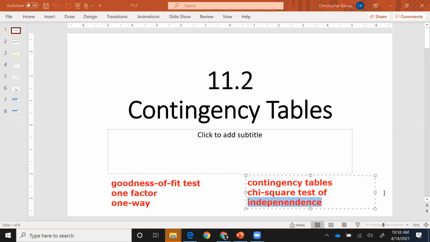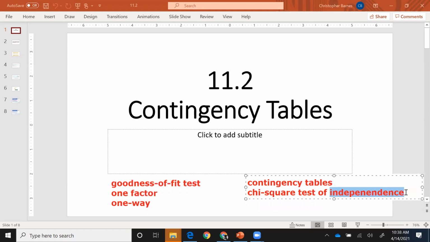Let me make this a little bit bigger so we can see it. And the difference is that we're able to have two factors. And we would, of course, call it a two-way contingency table.